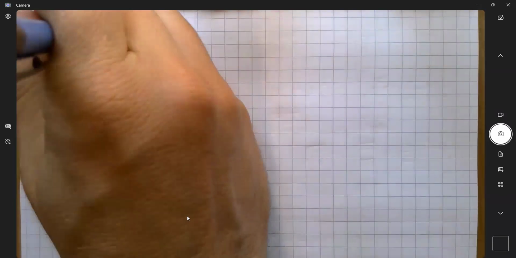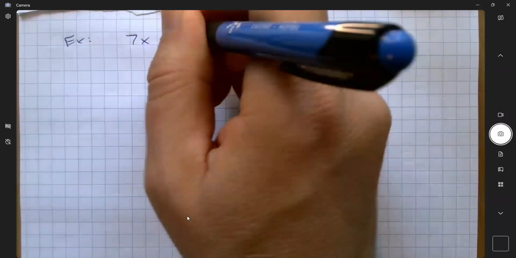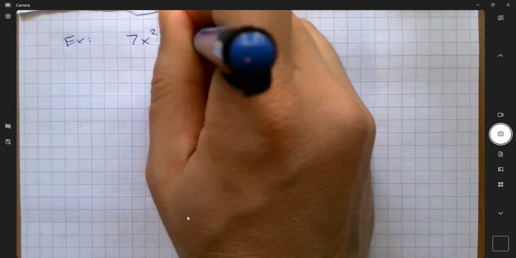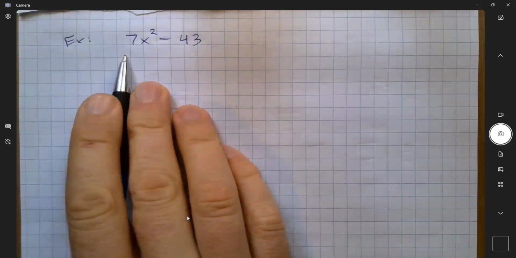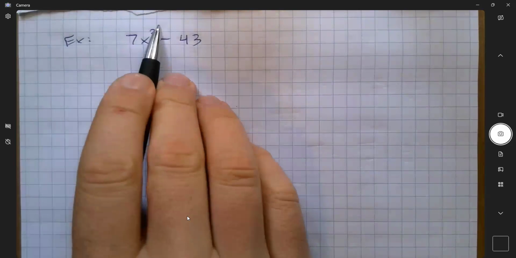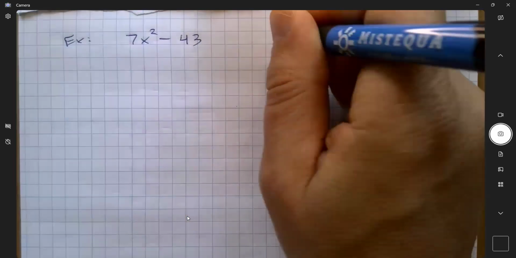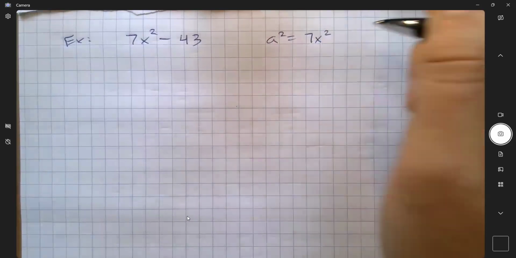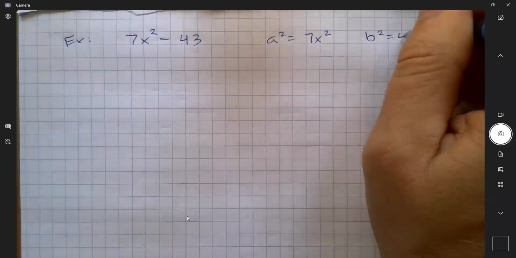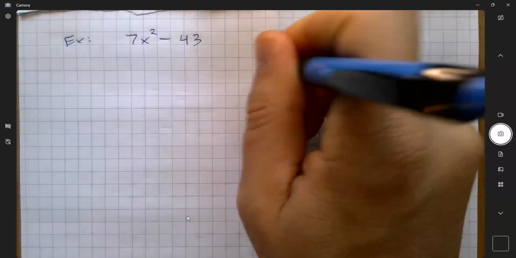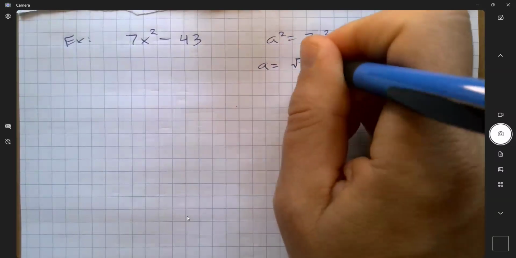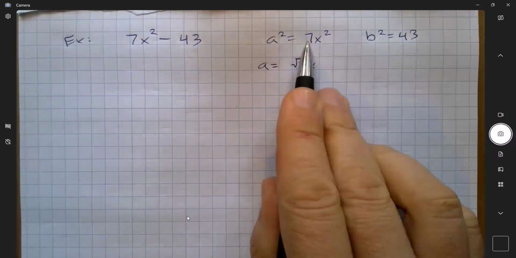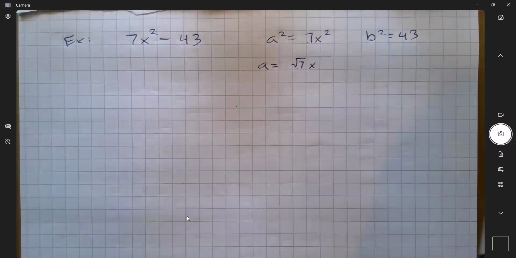One more example. 7x squared minus 43. Well, 7 is not a perfect square. 43 is not a perfect square, but it's still something times x squared minus a number. So I could let a squared equal 7x squared, and I could let b squared equal 43, which means that a should be the square root of this term, which is the square root of 7 times x. Because when you square the square root of 7, you get 7, and when you square x, you get x squared.